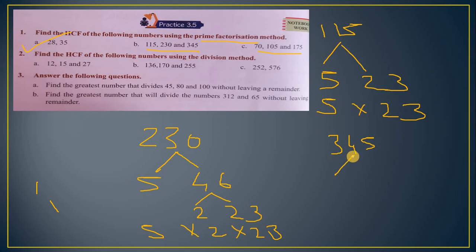Third number is 345. You can do prime factorization. In 5th table it is coming. So these are the numbers. So finally we are getting here prime numbers.